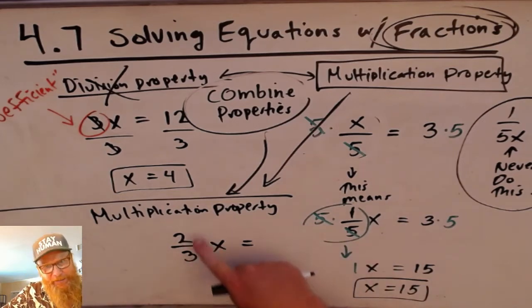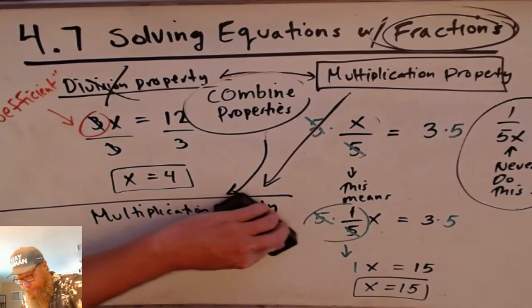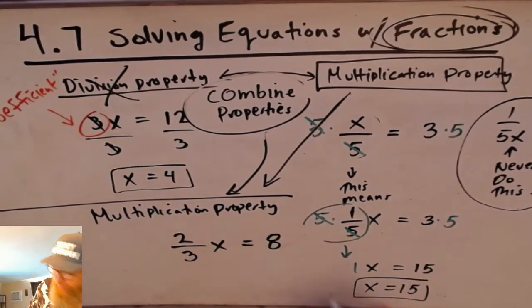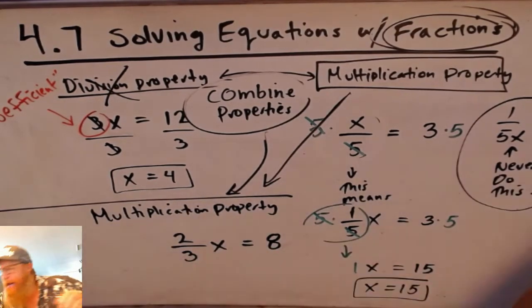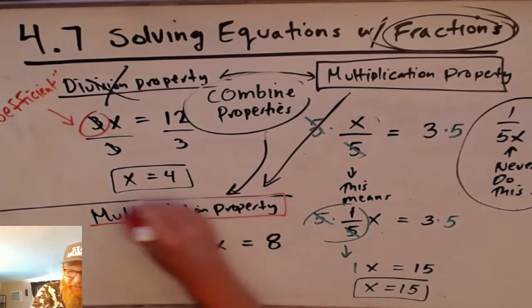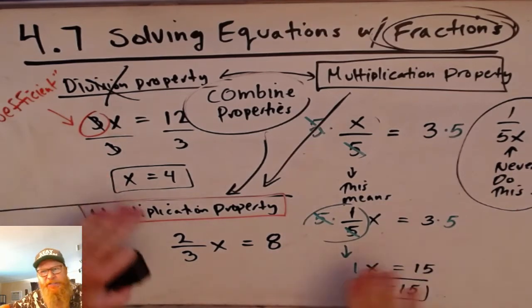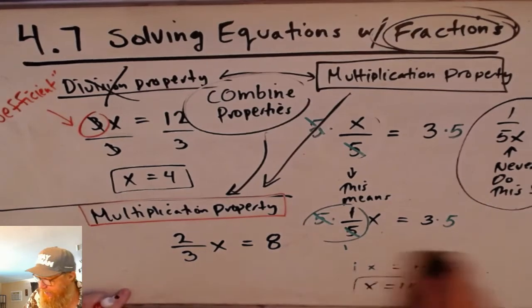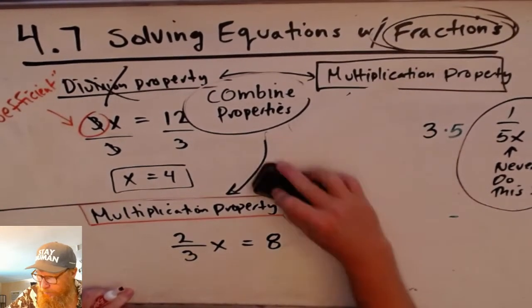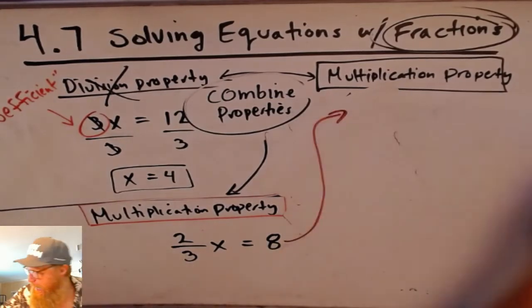So something like this. All right? So if I have an equation involving fractions, we use the multiplication property, which is a combination of the division and the multiplication properties. And we multiply both sides.